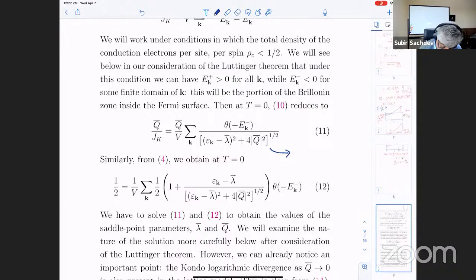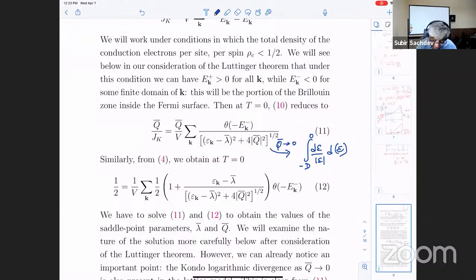This basically becomes an integral of the density of states from some negative energy, some bandwidth, let's call it D, to 0, of this energy, and that energy is just the modulus of the energy from the Fermi level times D of E. Okay, lambda bar is, well, we have to figure out what lambda bar is, but this EK minus lambda bar could be going through the Fermi level.